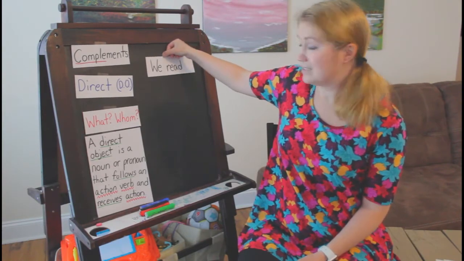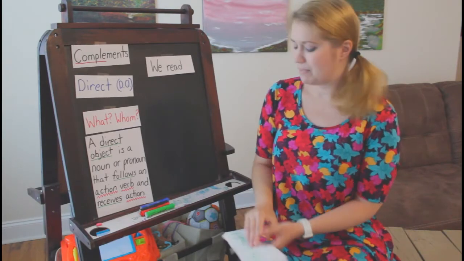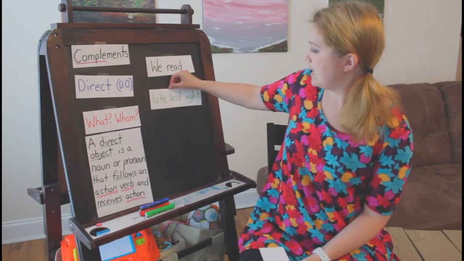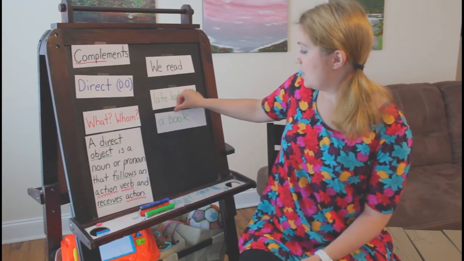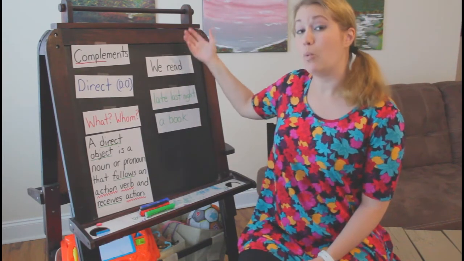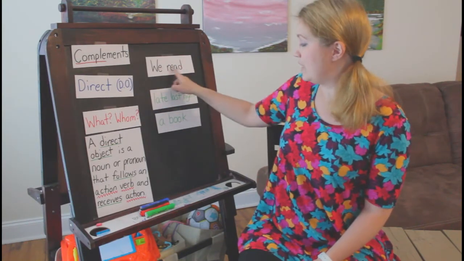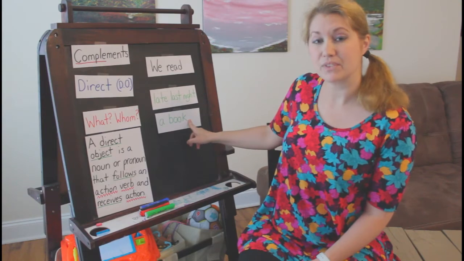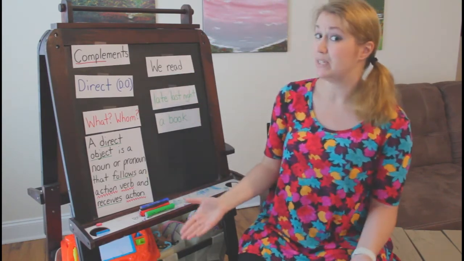We read. Well, that has a subject. It has a verb. Let's see what answers those questions. We read what? We read late last night. We read a book. One of these has a noun to receive the action, the other one doesn't.